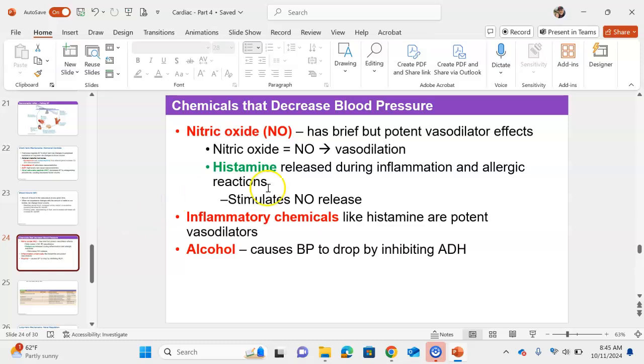And you find nitric oxide quite a bit these days, at least that I've noticed over the last maybe 25 years or so, with pre-workout supplements like C4. You can find that in Costco, Walmart, Target.